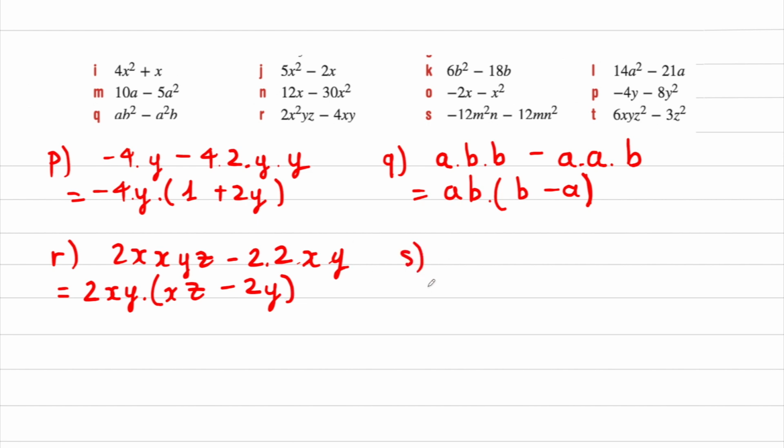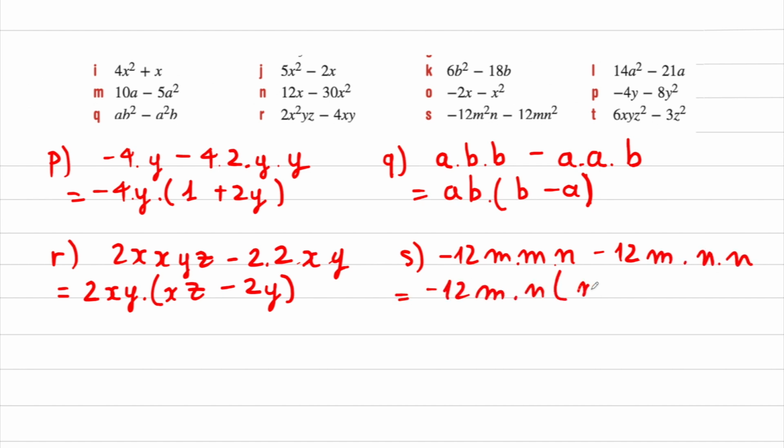Question S, you got minus 12 and you got m and n. Minus 12mn will be outside. So you got m plus n inside the bracket.